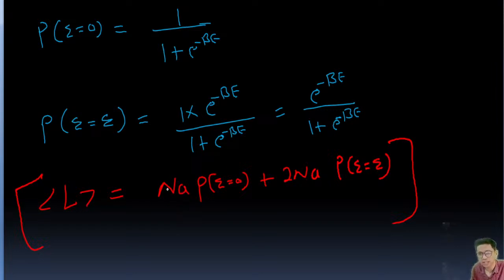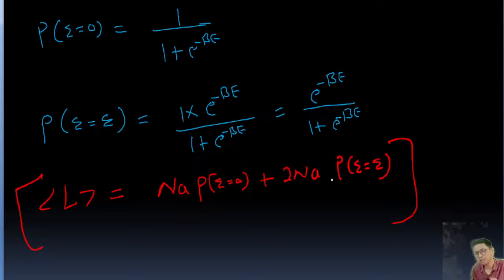So this is N into A, that is, the total number of monomers into the probability of a monomer whose length is A, which contributes 0 energy. This probability, plus 2NA into P, the probability of a monomer which contributes energy E.